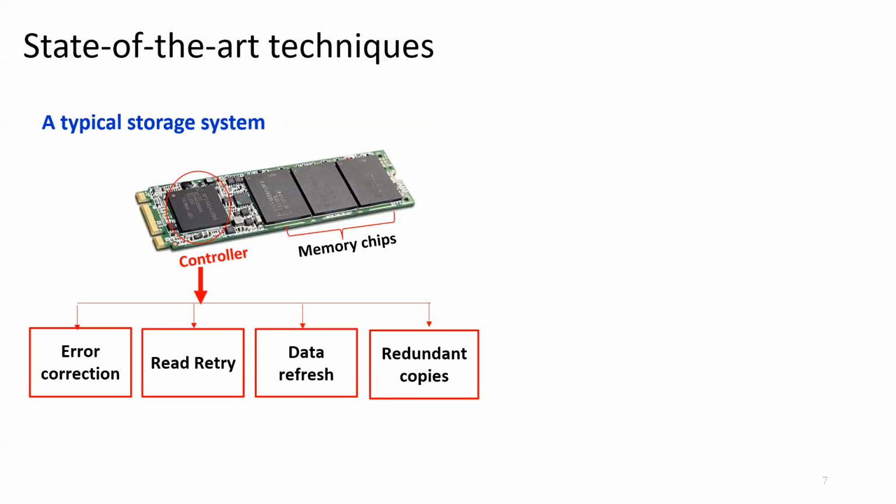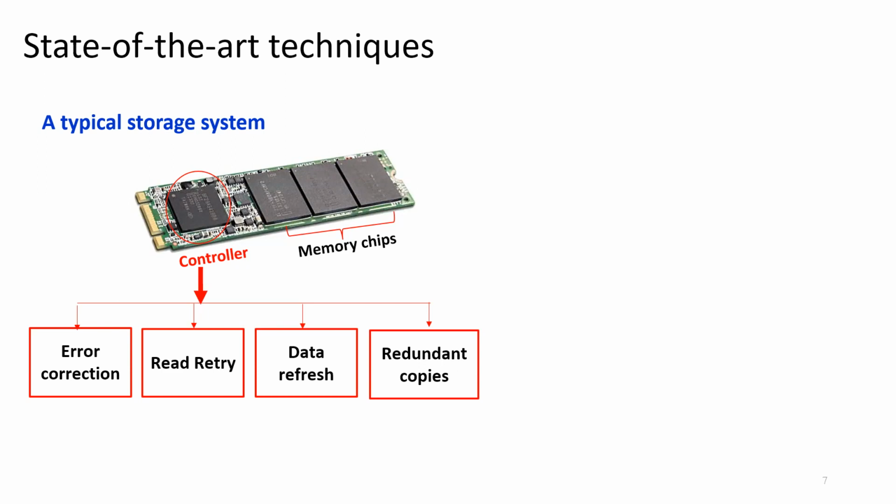Now, there are some state-of-the-art techniques that are used in space SSDs or space systems. This is mainly error correction. So whatever bit flips occur, you can correct them with some error correction code when you write the data, plus refresh, retry, and redundant copies. But all of this has a certain limit.